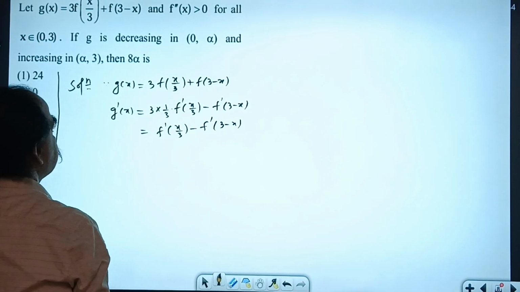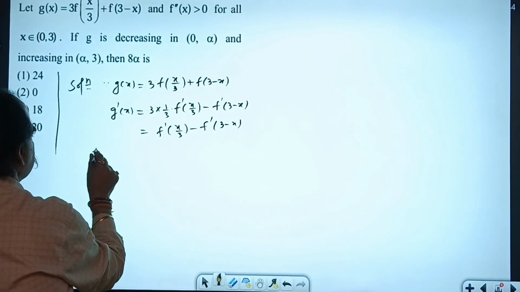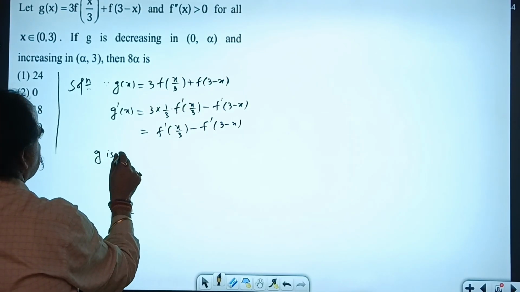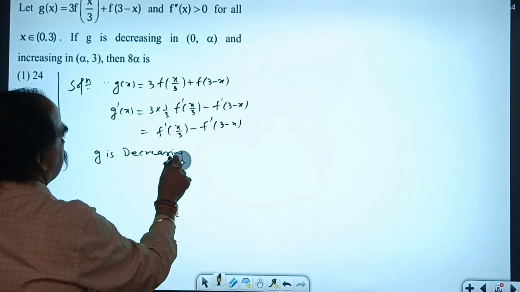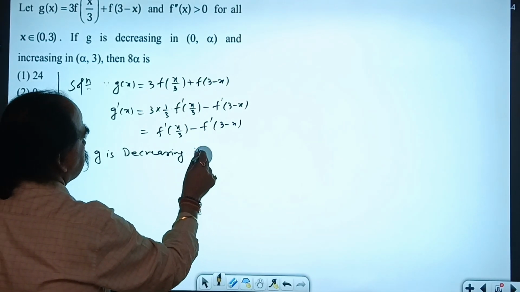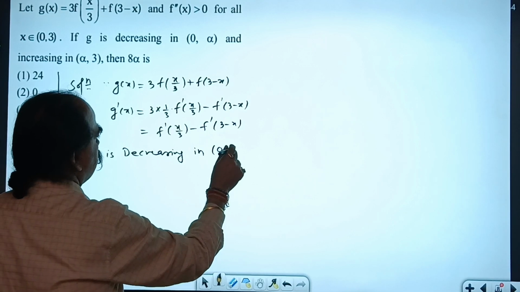Now g(x) is decreasing. G is decreasing in 0, alpha.